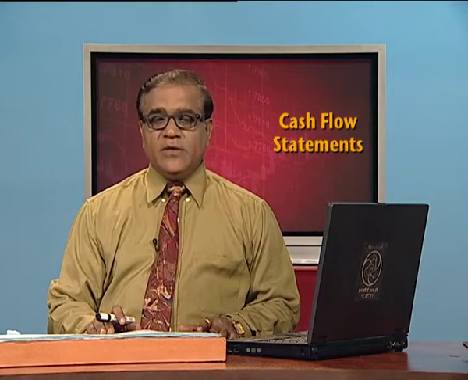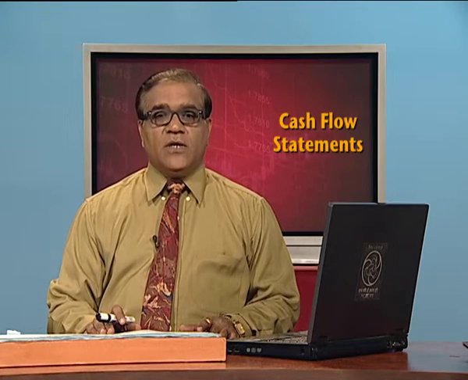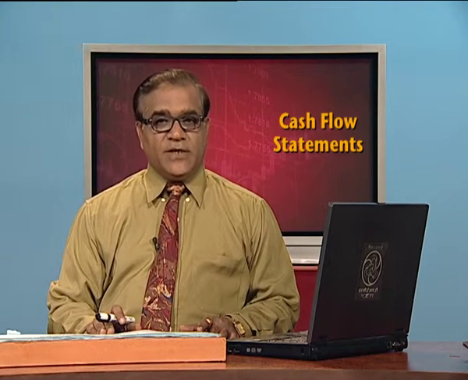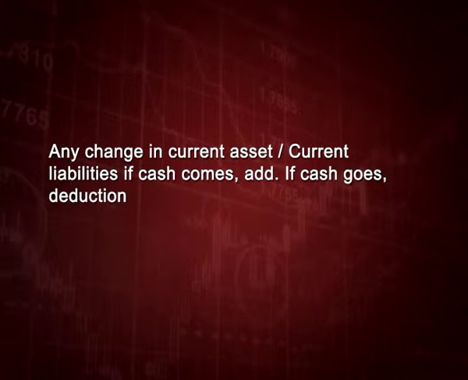Take another example. If the stock is decreased, that means we have sold stock, which again means cash is coming in. So, let us learn one basic mantra for current asset and current liability, that is any change in current asset or current liability. If cash comes, add; if cash goes, deduct.